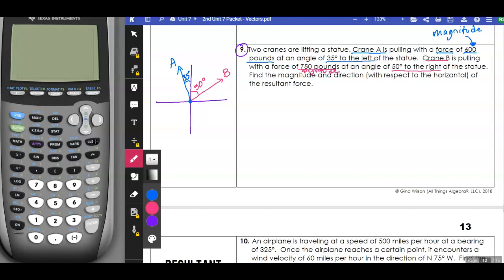Yes, Abby, that's a good point. I definitely need to know my direction angles. Right now they're not bearings. They're just to the left and to the right.